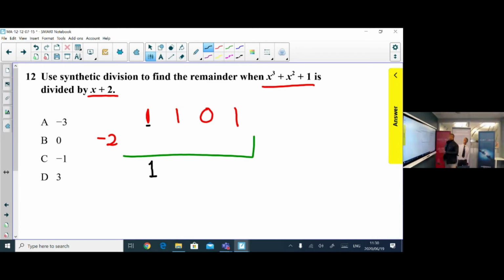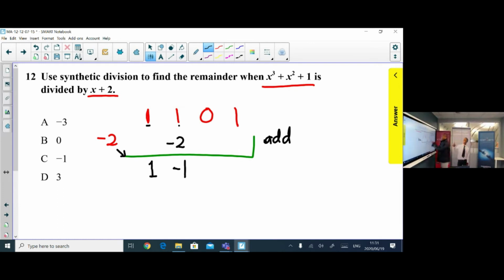Okay, so 1 you always pull it down, and then you start to say -2 times the 1, you get -2. You write that, then you are always adding in this case. So don't confuse. So when you add 1 and the minus 2, you get -1.